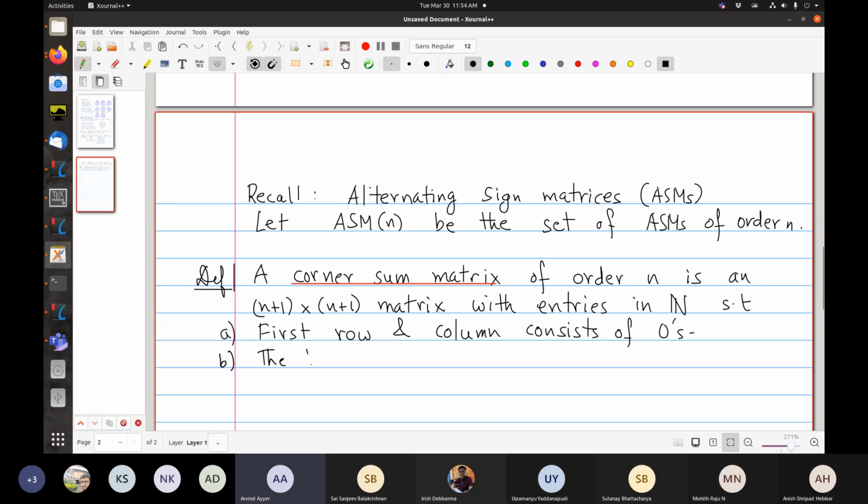The last row and column consists of the entries 0 up to n. Remember, it's an n plus 1 by n plus 1, so it has the entries 0 up to n in that order.